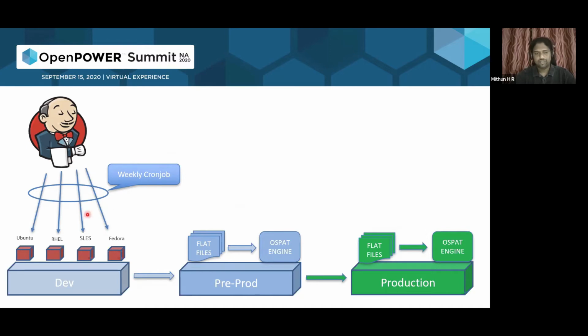Instead of collecting manually, going back and defining a container for each different version of a distribution, and then fetching that information, we have automated that. Every week it will fetch the latest software which is supported on Power Platform for a particular distribution, and that information will be consumed into different containers, and it will be written into flat files.